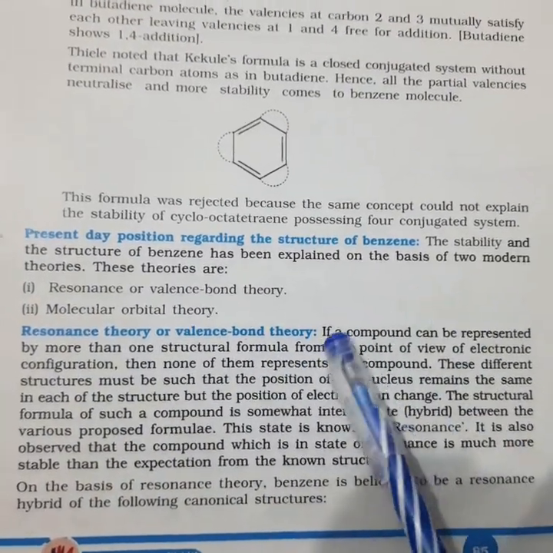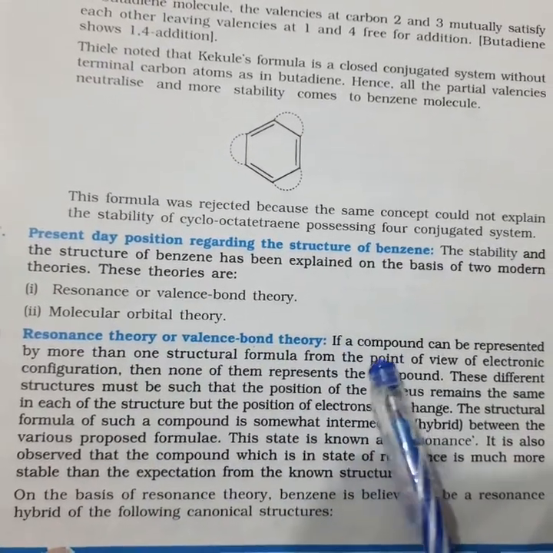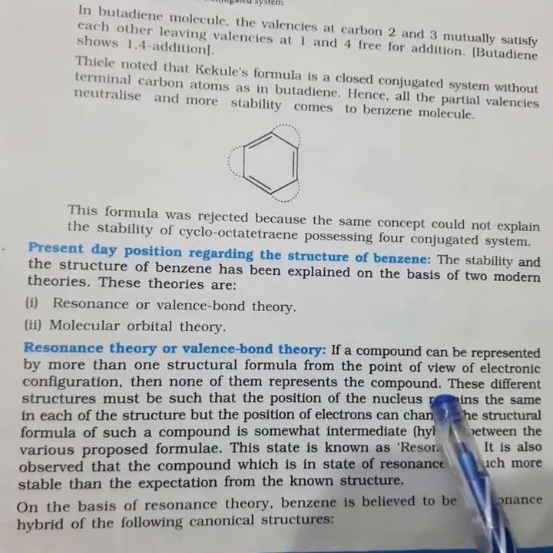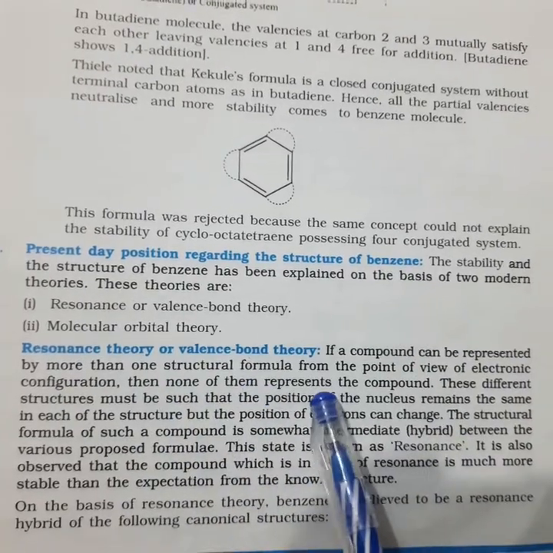According to the valence bond theory, if a compound can be represented by more than one structural formula from the point of view of electronic configuration, then none of them represents the compound.